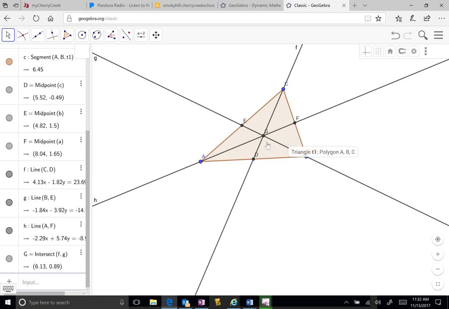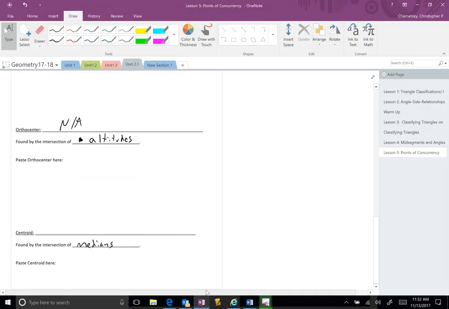Well, what's special about the centroid? The centroid is the center of mass of the triangle.